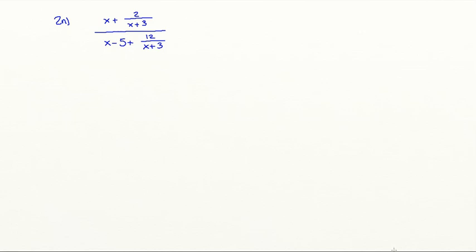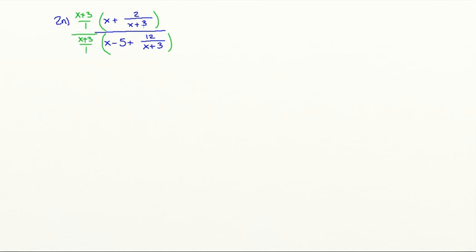Well, in the previous question, I got a common denominator for everything, so I'm going to do this one a different method. Let's just multiply everything by x plus 3 over 1 over x plus 3 over 1.